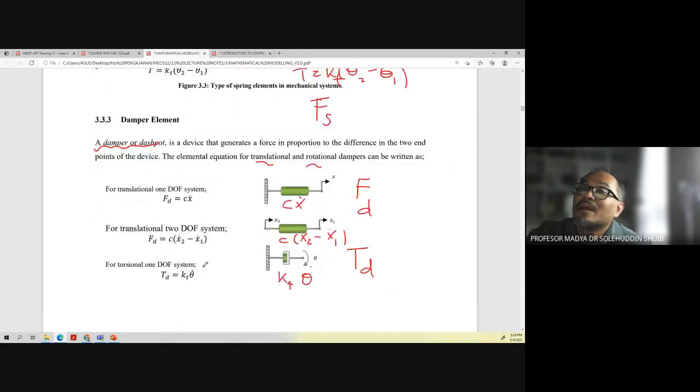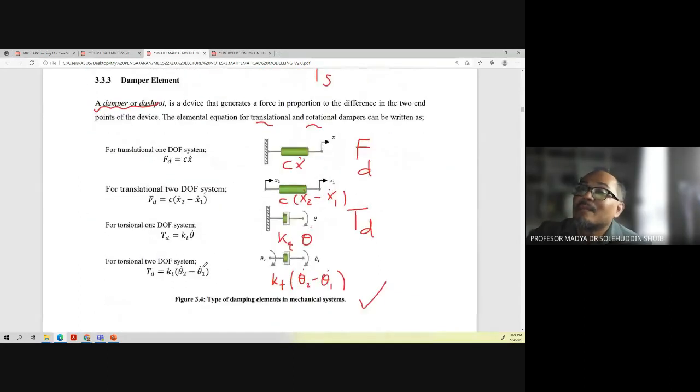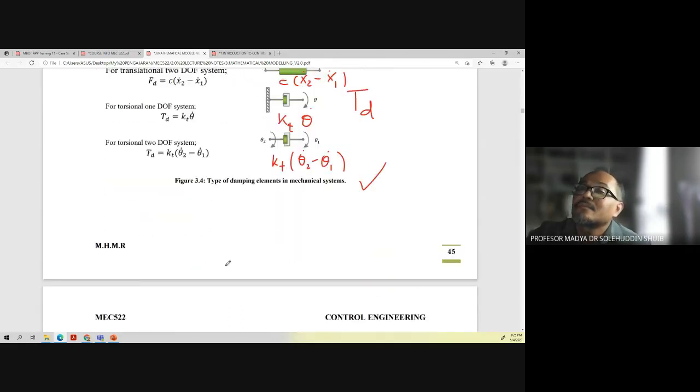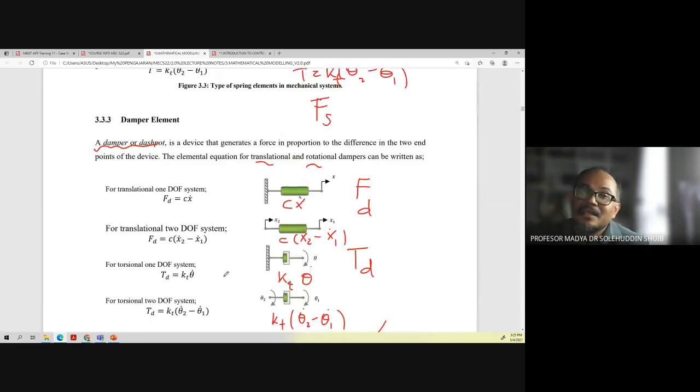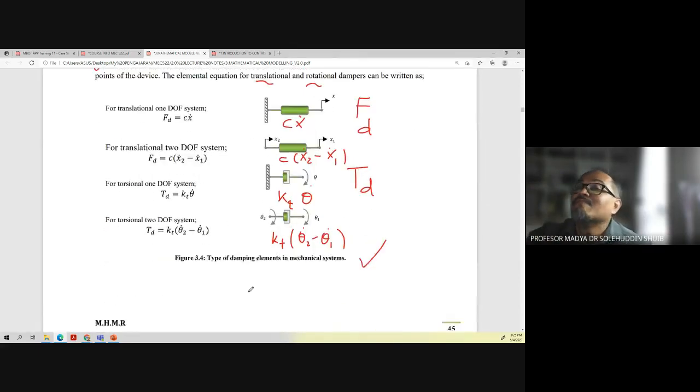And then another one is the damper element. Somehow you got the same thing. We have damper force for 1 degree of freedom system for translation, and then we have 2 degree of freedom for translation also, and then we have torsional. Okay, same thing. Ada translation, and then we have torsion. Okay, torsional system. All right.